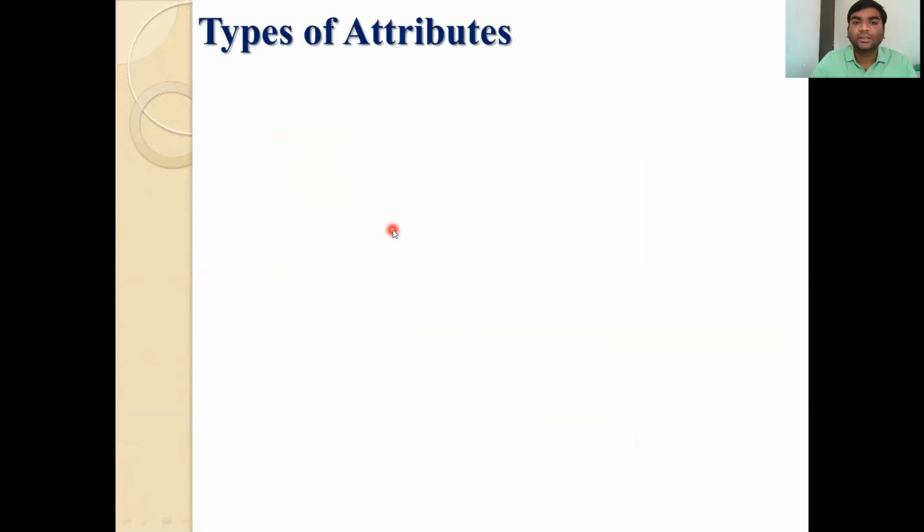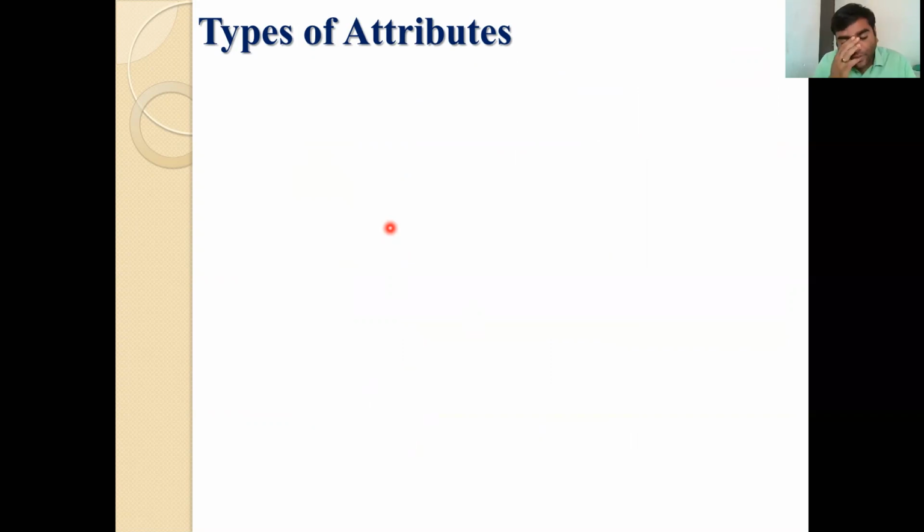Now next, types of attribute. Before starting with the types of attribute, all of you know what an attribute is. An attribute describes the particular characteristics or properties of the entities.